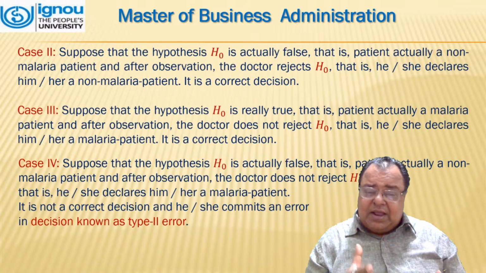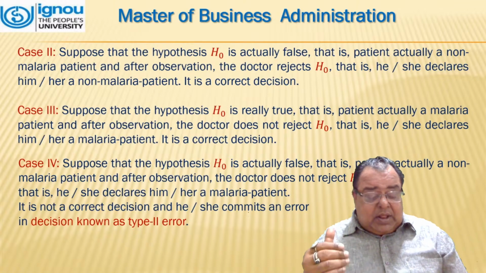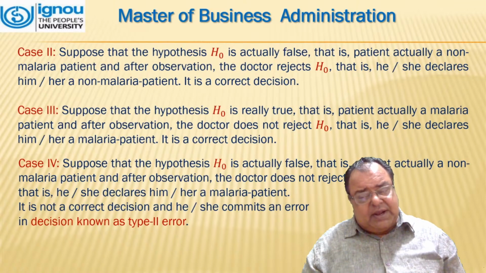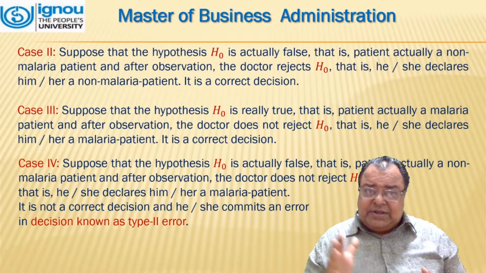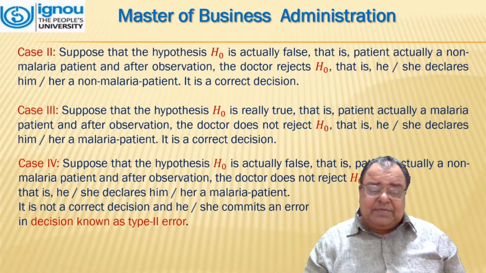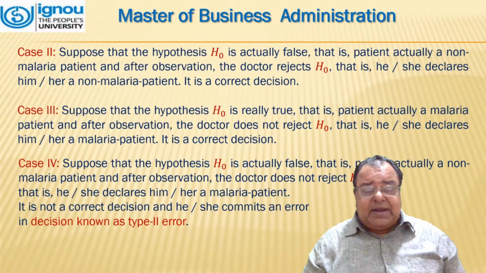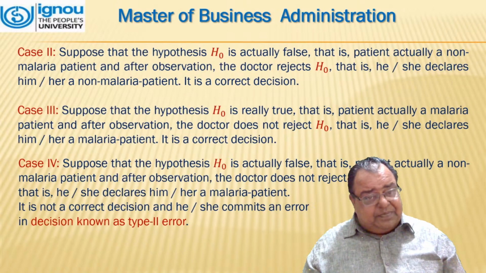This is also a correct decision. But case 4: suppose the hypothesis H0 is actually false, that is, the patient is actually a non-malaria patient, and after observation, the doctor does not reject H0, that is, declares the patient a malaria patient. It is not a correct decision, and he or she has committed an error in decision known as type 2 error.